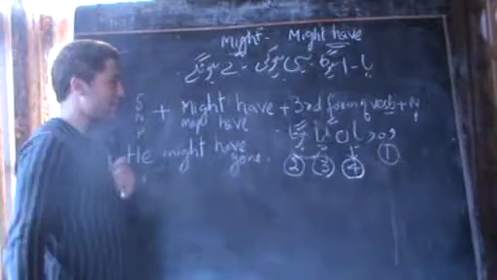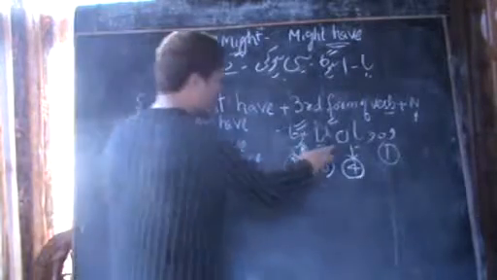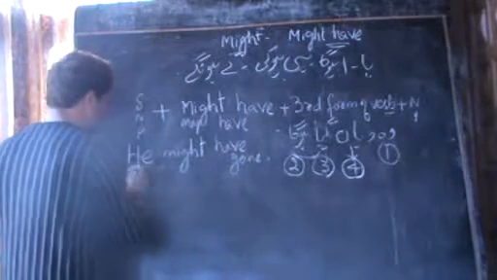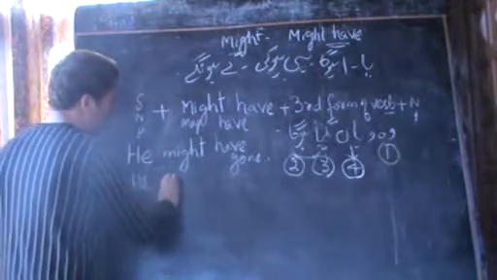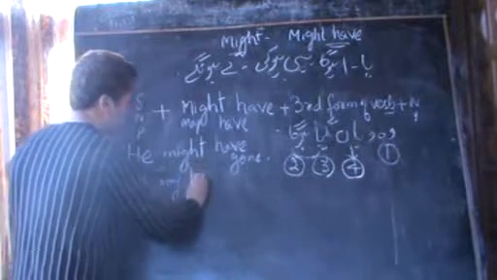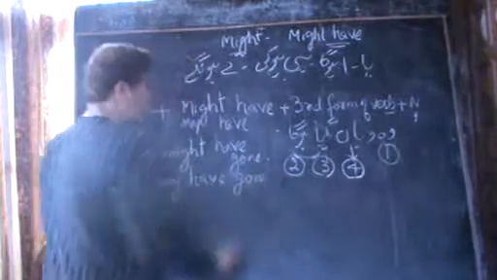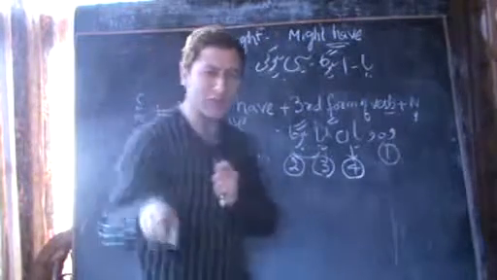The structure of the sentence is of such kind that you can use both: he might have gone or he may have gone.